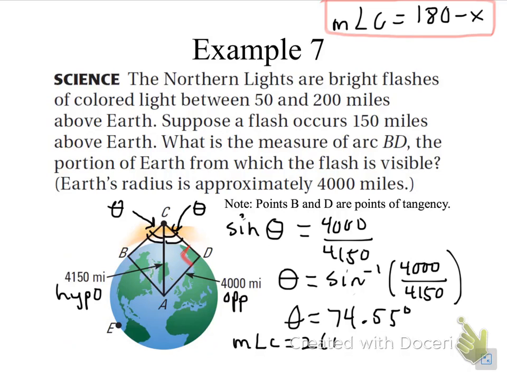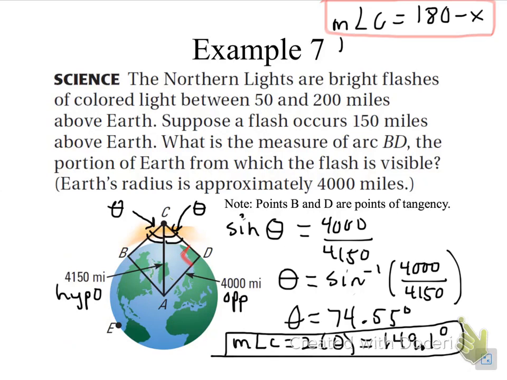What we really want is angle C, which is 2 theta. Okay? So I'm going to double my answer here, and I'm going to get 149.1 degrees. So we're going to carry that up to the top there.